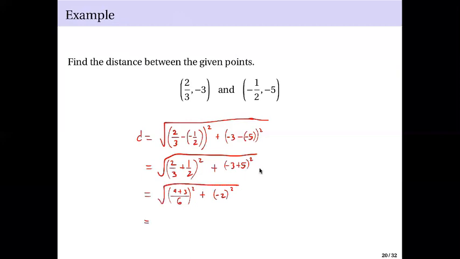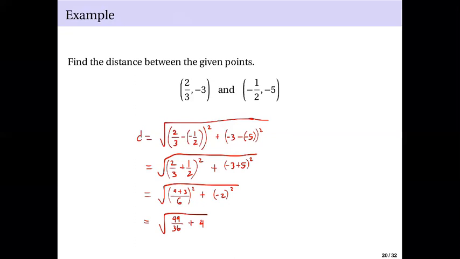So in here, you have 4 plus 3, that's 7. Then you square it, that's 49. And of course, the square of 6 is just 36. Plus negative 2 squared, that's just 4. Then you combine this to a single rational expression and then simplify everything.